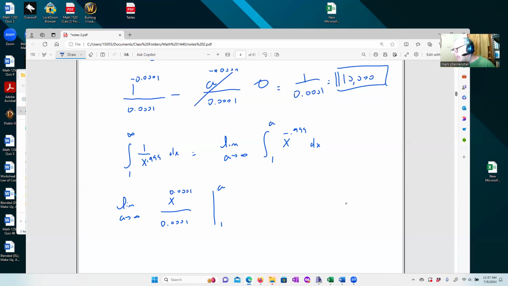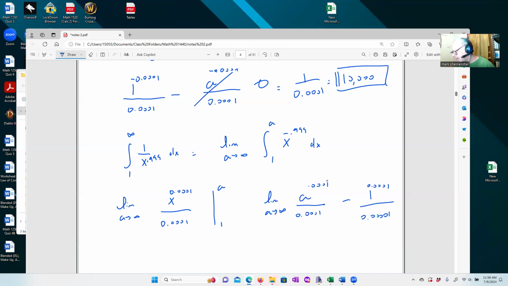We don't have a negative sign in here, so we're just going to go ahead and set the limit as a goes off to infinity of a to the 0.0001 divided by 0.0001 minus 1 to the 0.0001 divided by 0.0001. Even though this is going to go slowly, eventually a will get really large. This is going to take off to a positive infinity, slowly, but it'll still take off.